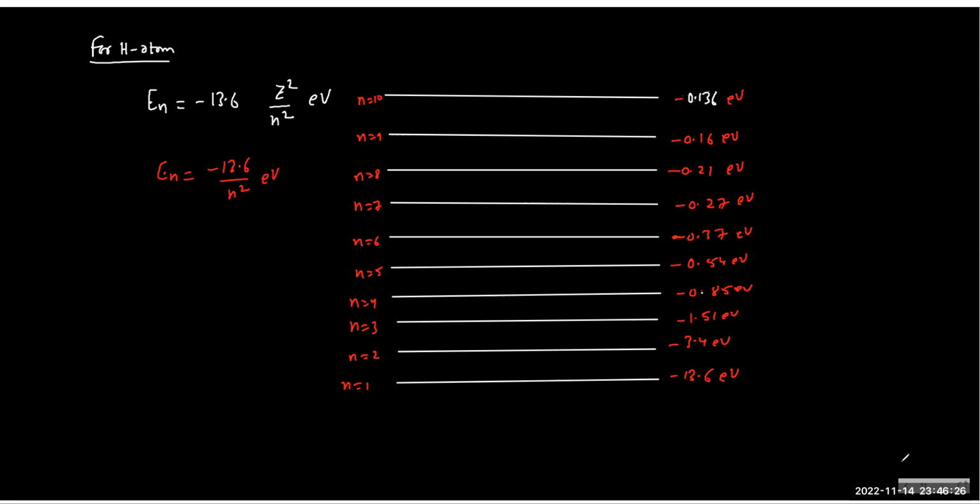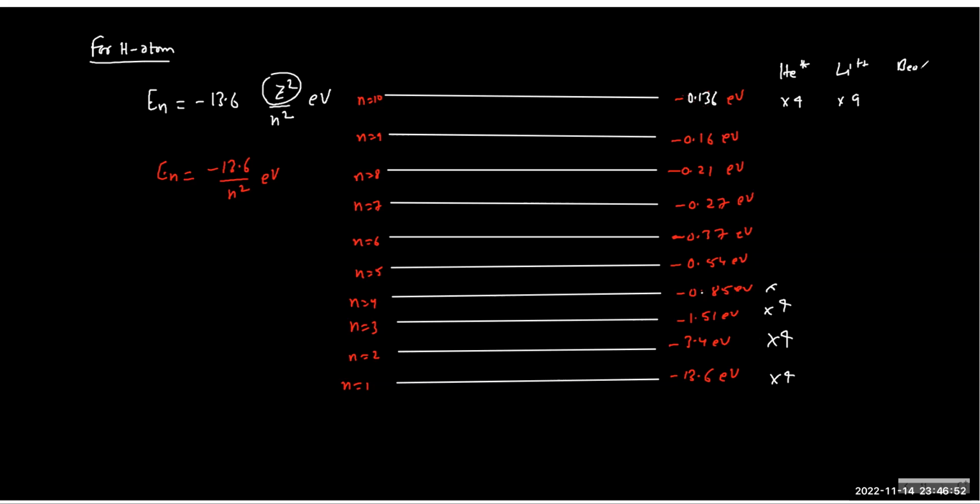For any other ion, what do we do? We multiply with the Z square factor. That's it. So if I have to write for helium, I'll write the same thing, multiplying every number: into 4, into 4, into 4. So helium plus, into 4. Lithium plus plus, into 9.